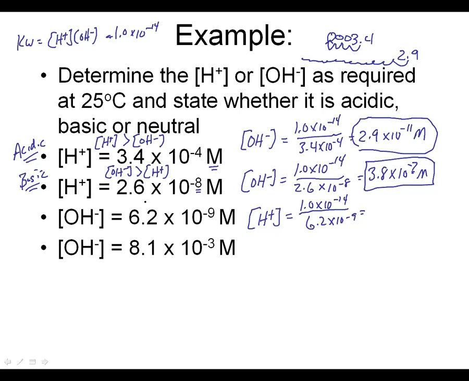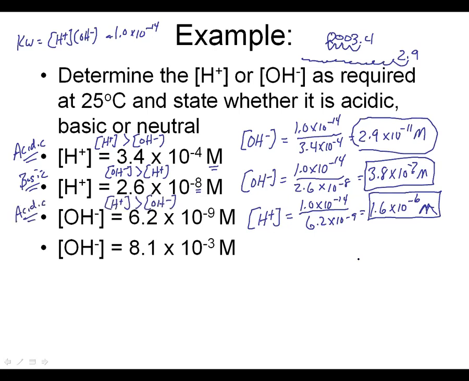So this looks like 1.6 times 10 to the minus 6 molar. And now we want to compare. So minus 6 for our H plus, minus 9 for our OH minus. So in this case, our H plus is larger than our OH minus, which means our acid part is larger than the basic part, and it would be acidic.